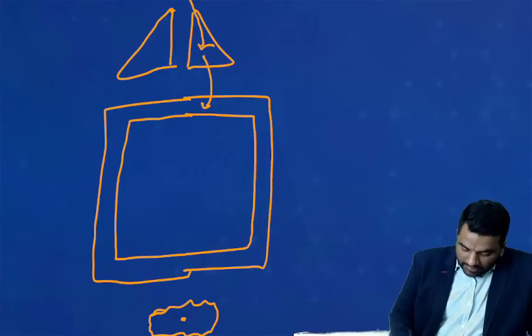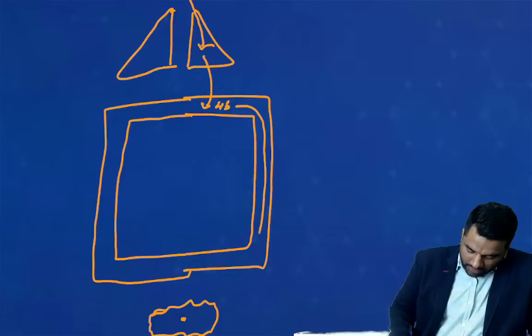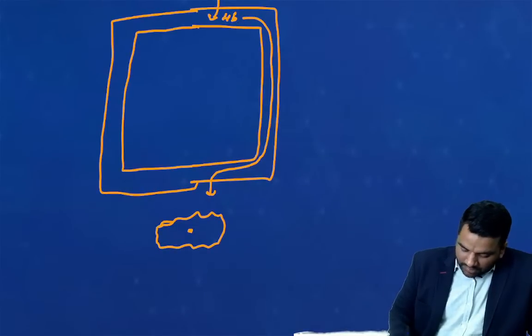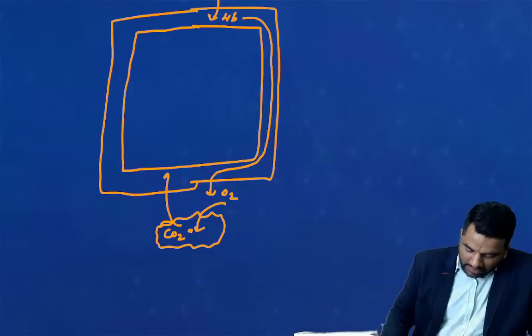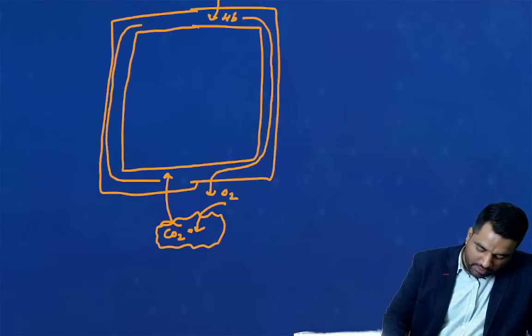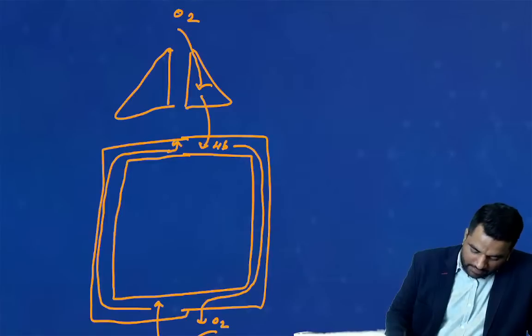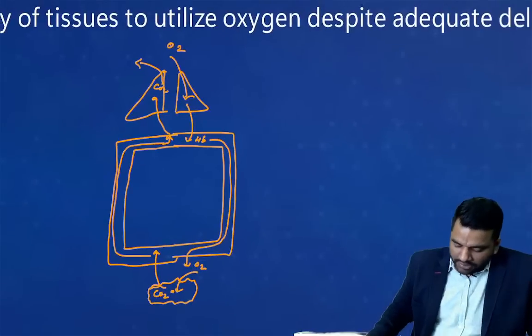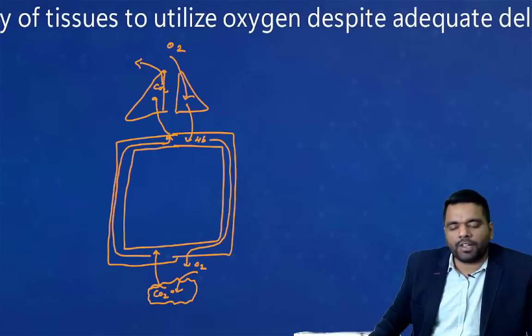Now in the blood it binds to the hemoglobin, and through this hemoglobin it reaches the cellular level. At the tissue level, this oxygen enters the cell, and from the cell CO2 is excreted out, mixes into the blood again, and through the blood reaches the alveoli. It diffuses back, so CO2 is excreted from the body and oxygen is taken up. This is how oxygen uptake and CO2 excretion happen.